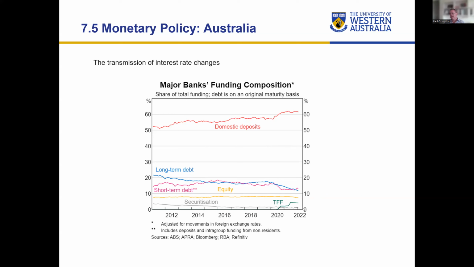So this is saying in 2022, domestic deposits accounted for about 62% of overall bank funding. So the banks obtained roughly 62% of their money that they use to then lend to other customers from domestic deposits. Short-term debt, about 13%, long-term debt, about 12%.